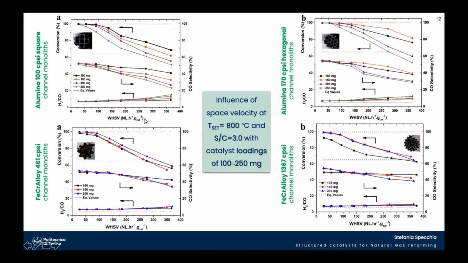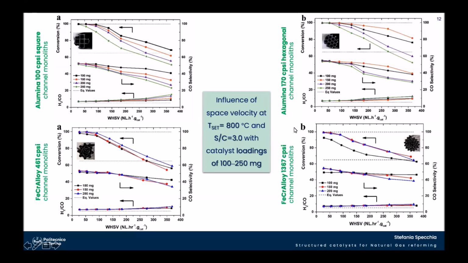And you can also notice, this is the color scale, so black is the lesser amount of catalyst and green is much higher, that overloading the catalyst with 250 milligrams is making it worse, whereas the best loadings are around 100 or 150.